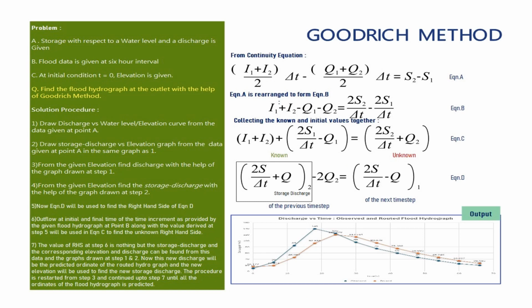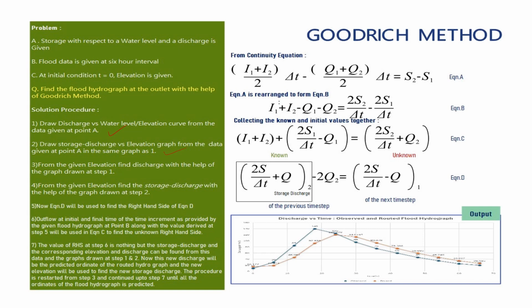So let us come back again to this slide. So you have drawn the outflow versus elevation graph, and drawn that RHS of equation C versus elevation graph. Now the next step is the solution of the problem. How have you predicted that outflow hydrograph?